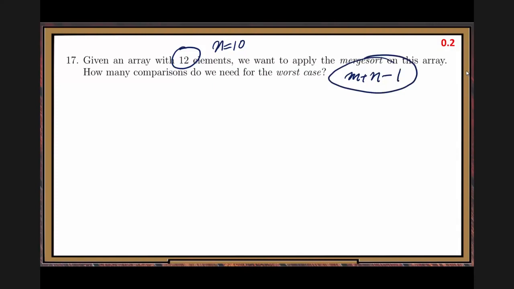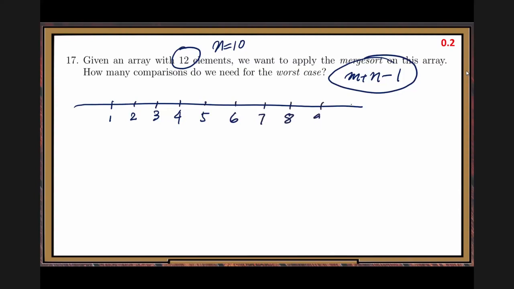All right, so then let's run it. Same as before. This time I have more space, so I can draw a larger diagram. 1, 2, 3, 4, 5, 6, 7, 8, 9, 10.